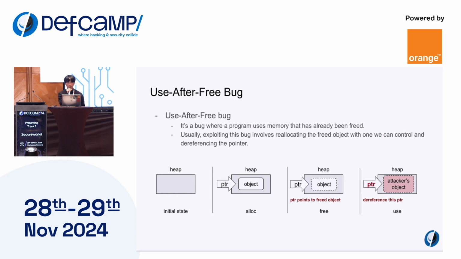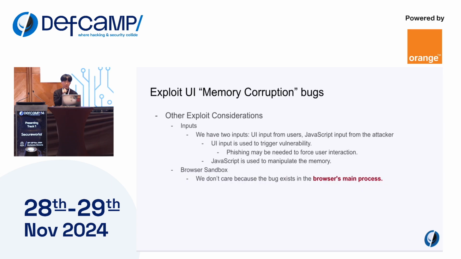This is why I say UAF has distinct steps between triggering and exploiting the bug. It doesn't cause any unintended behavior before the use. We can manipulate the memory with JavaScript after the bug is triggered. So that's why I focus on exploiting use-after-free bugs for the UI bug.